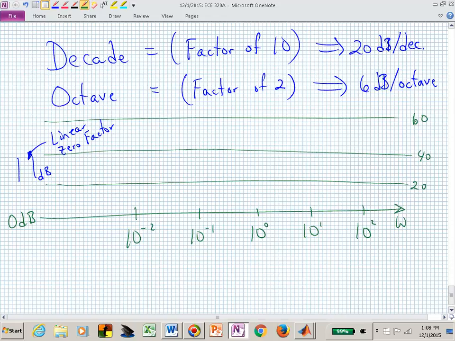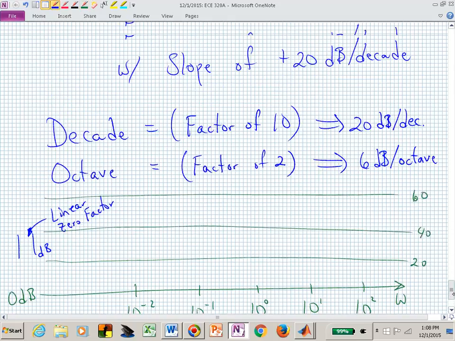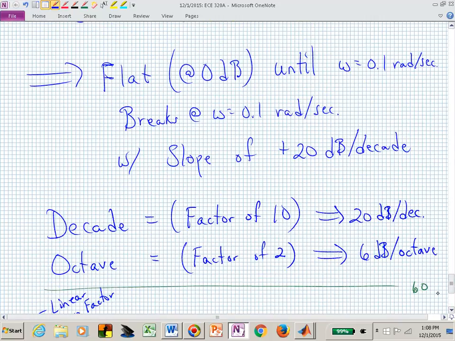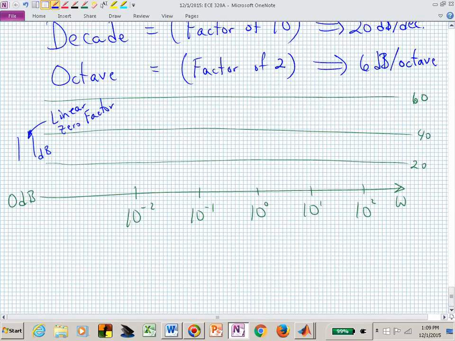Where do you begin? That's why we wrote this really in 3 parts. We say we're flat, we're at 0 dB until we hit the break frequency, which is right there. So we are flat on 0 dB until we reach 0.1.